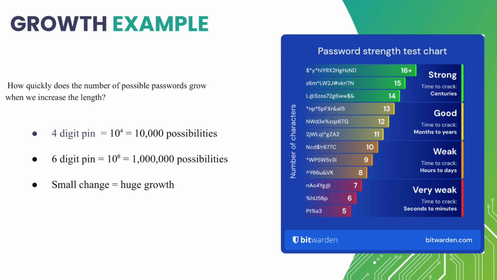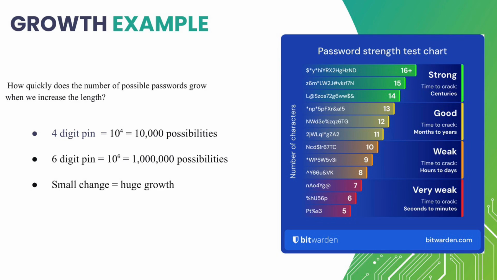Now we will see how quickly the number of possible passwords grows when we increase the length. As I've mentioned before, a 4-digit PIN has 10 to the 4th power, which equals 10,000 possible combinations. But a 6-digit PIN has 10 to the 6th power, which equals a million possible combinations.